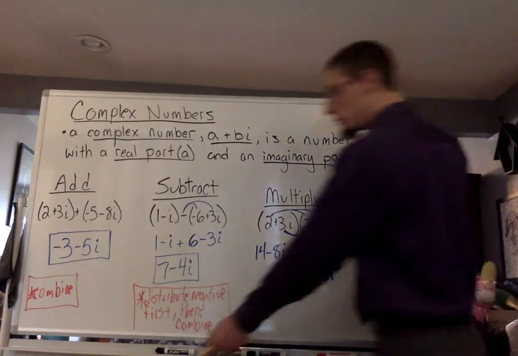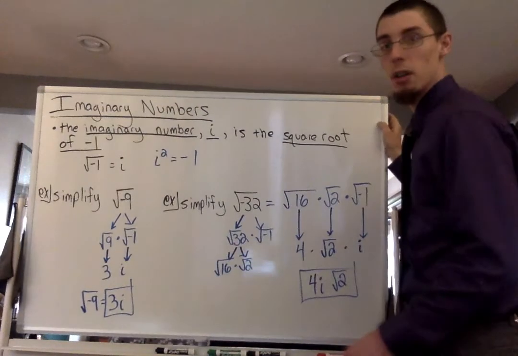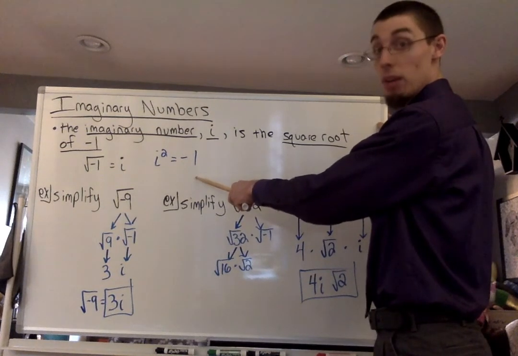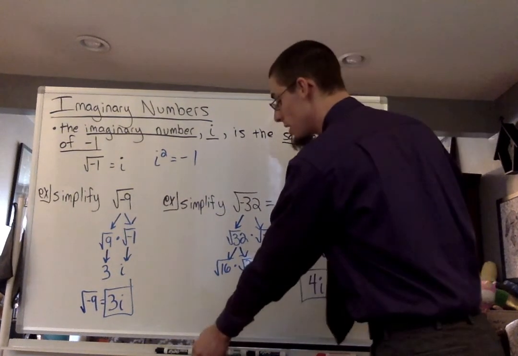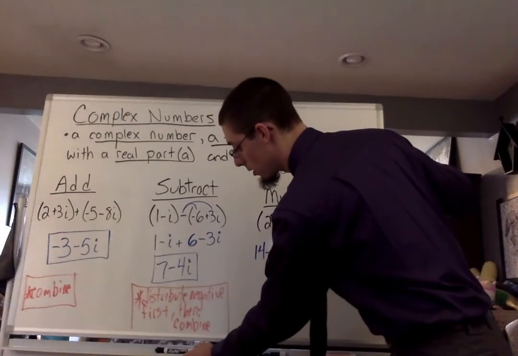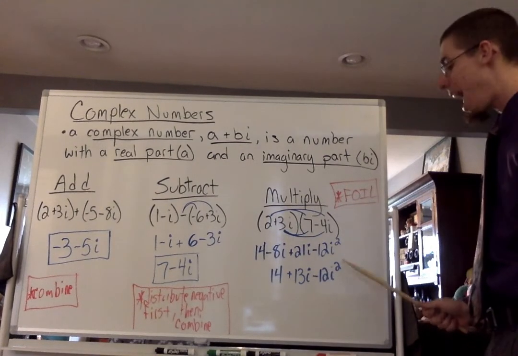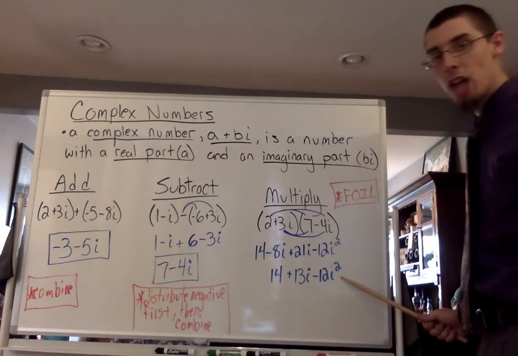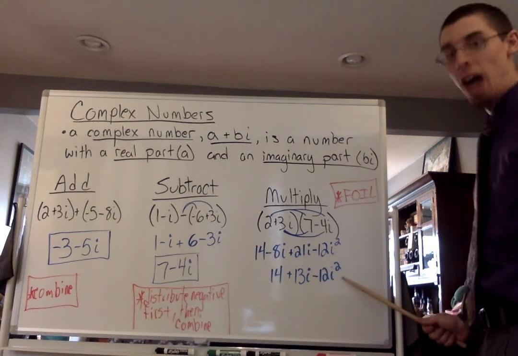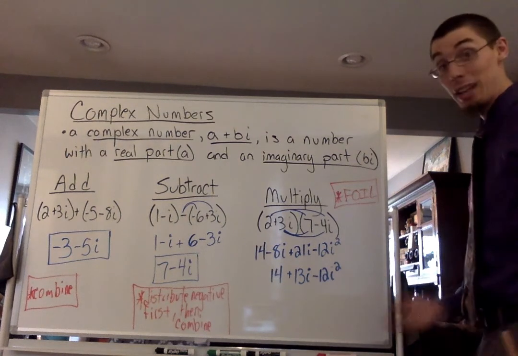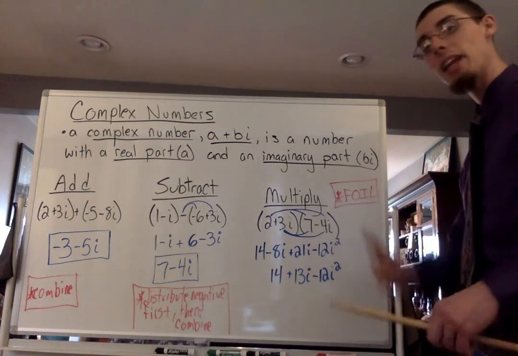If you recall, we said before that i squared was equal to negative 1, right? i squared equals negative 1. Well, if you look, here's an i squared. You will never, ever, ever leave an i squared in your answer, because i squared, like I just said, is the same as negative 1.